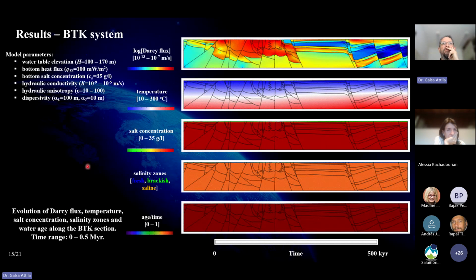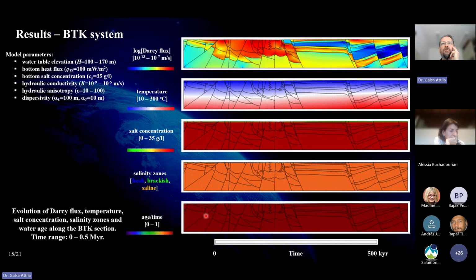So the simulations were started from a conductive temperature distribution, and the units were saturated by saline water with a salt concentration of 35 grams per liter, because these sediments were deposited in a marine environment.